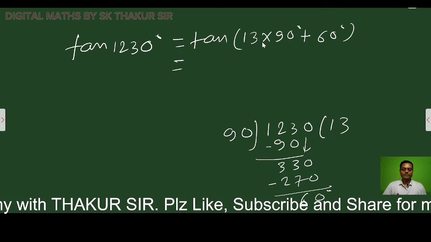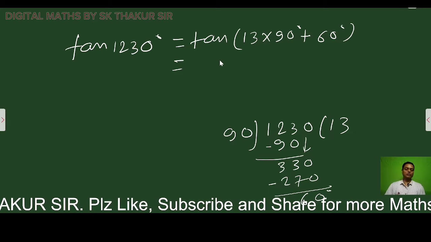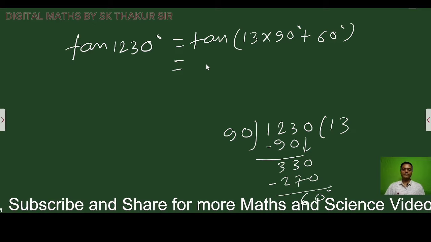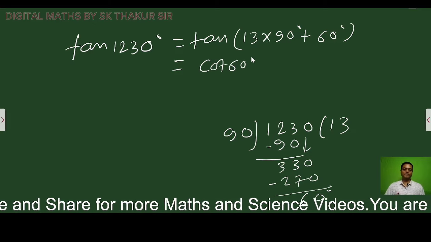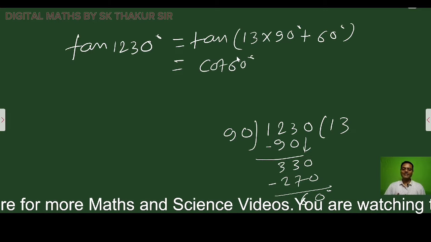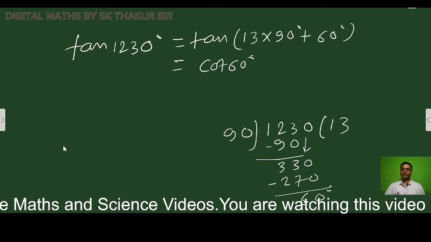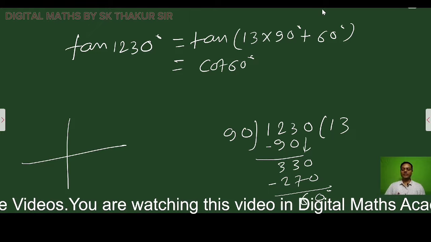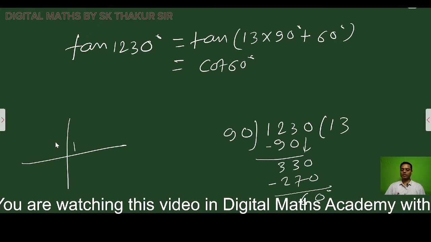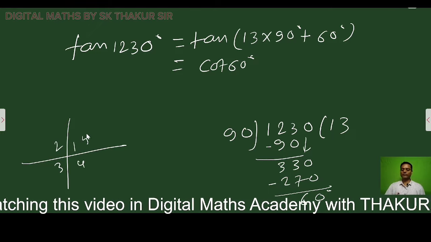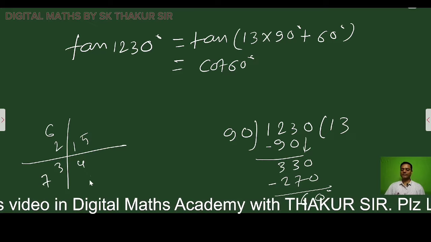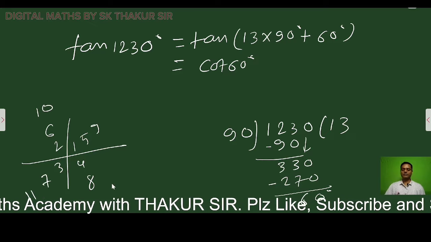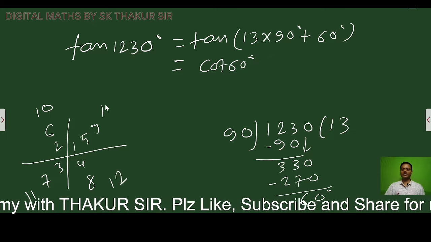So here is 13. So obviously tan changes into cot, because 13 is an odd number, so we can write here cot 60 degree, right? But whether it has negative value or positive value, we are going to find out from the quadrant. So here is 13 times 90. So we can write here 1, 2, 3, 4, 5, 6, 7, 8, 9, 10, 11, 12, and there is a 13.